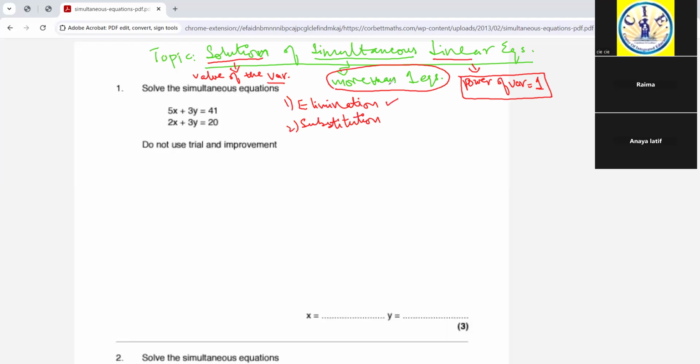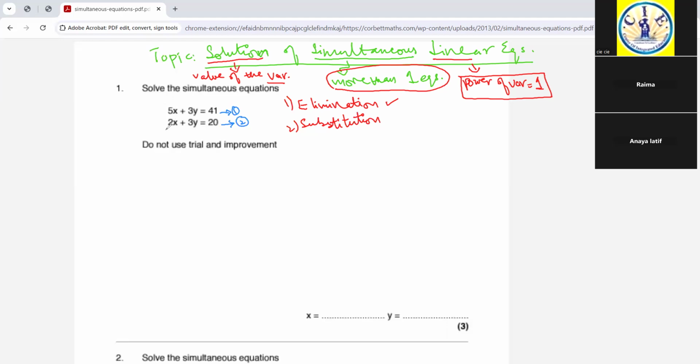As the name suggests, elimination method means we need to eradicate one of the variables. In this case, you see we have got two equations. Let me call this equation 1 and this equation 2.